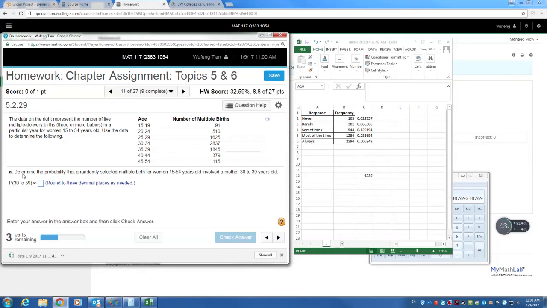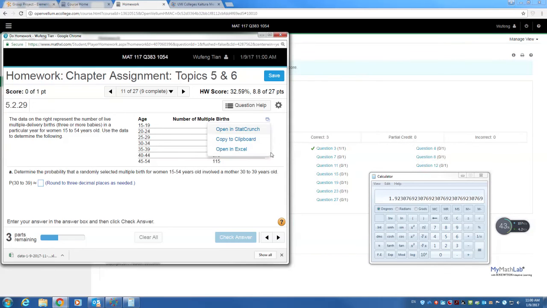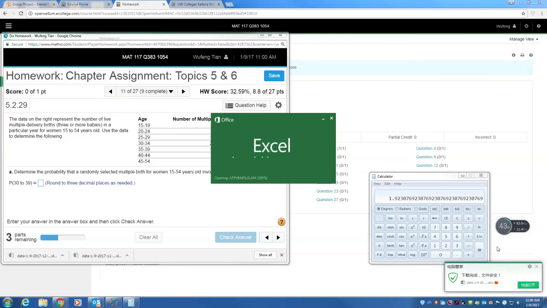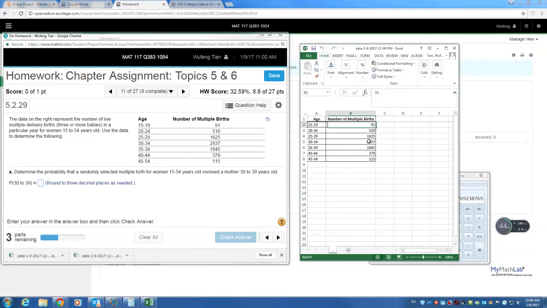Alright, this one: determine the probability that a randomly selected multiple birth is to mothers aged 30 to 39. For this one, we can use Excel. First of all, I need to find the total, 7402.